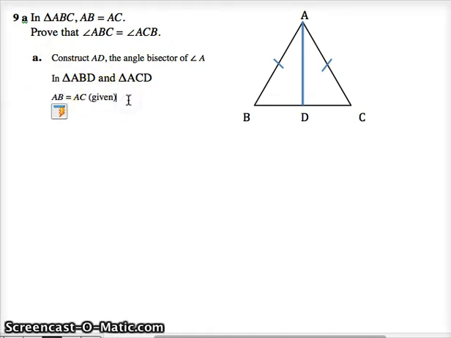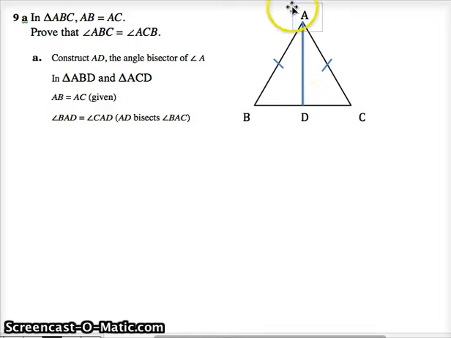That's our first bit of information. Also, because we drew AD such that it is the angle bisector of angle BAC, we know that angle BAD equals angle CAD, and the reason is that AD bisects angle BAC. So angle BAD equals angle CAD because AD bisects angle BAC.